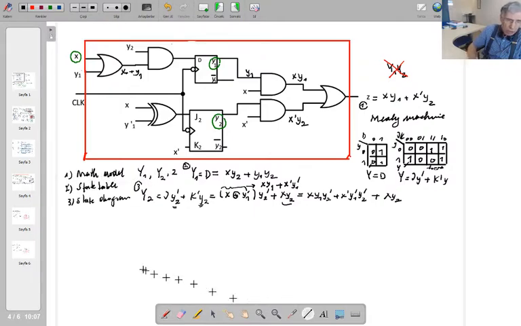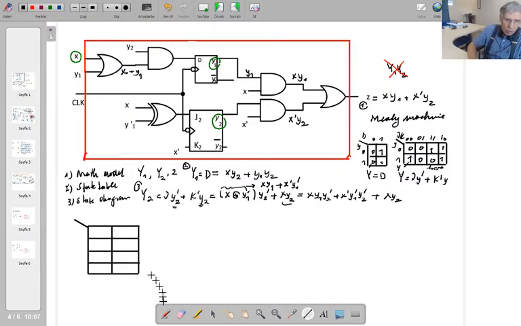Let me draw the state table here. So my independent variables are y1, y2, 0, 0, 0, 1, 1, 1, 1, 0.